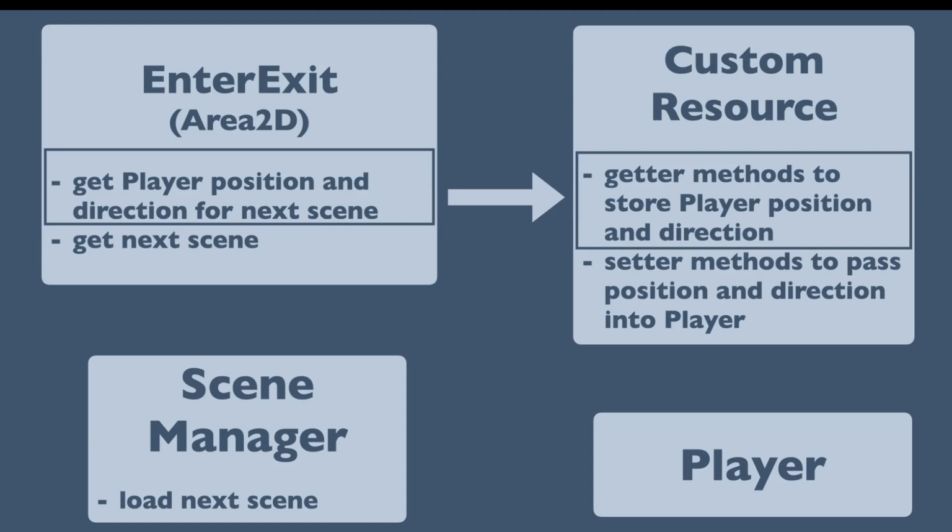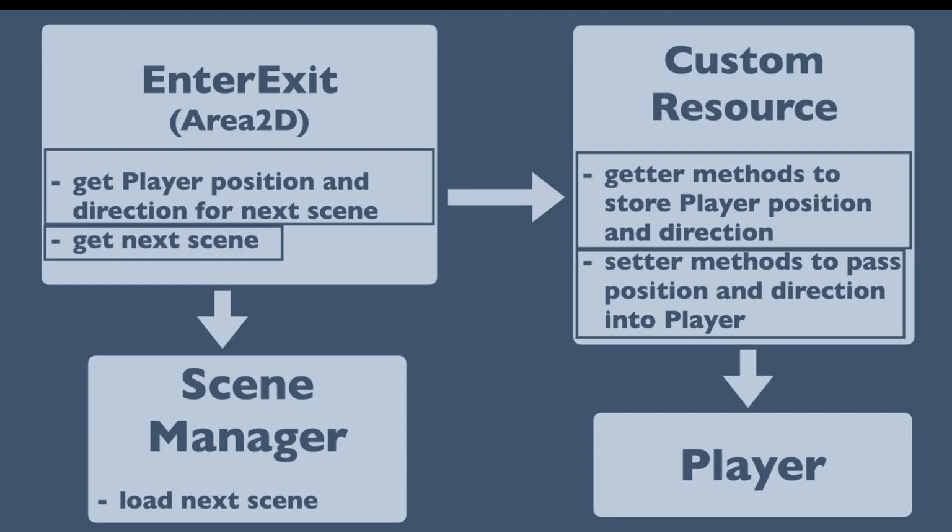And then after that is done, we will have the next scene that'll be loaded into our SceneManager. After the new scene is loaded, we'll have a setter method from our custom resource that we'll use to pass into our player script in the player ready function. So that will put our player in the correct position and the correct direction.